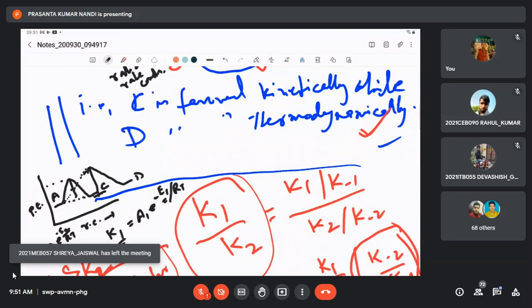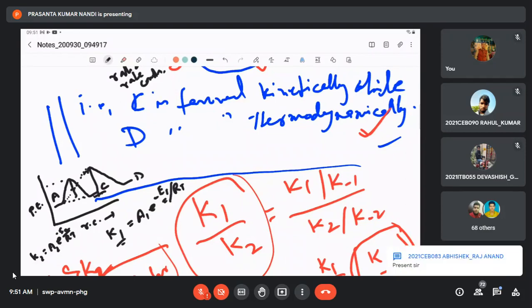But the thermodynamically controlled product depends on something else. You can calculate the free energy change of the reactions. That means if you estimate the equilibrium constant of a reaction, from that you can guess what should be the thermodynamically controlled product.